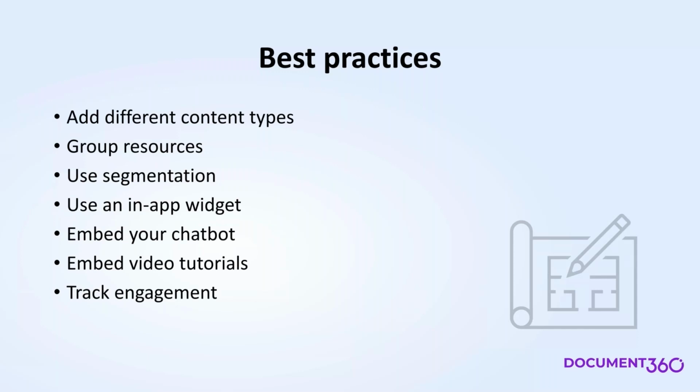Video tutorials provide step-by-step guidance for certain tasks. And most important is tracking engagement. If you are not able to understand how your in-app assistance is being consumed, or which sections are mostly used, you won't be able to gauge what exactly needs improvement or what is not used by the users.